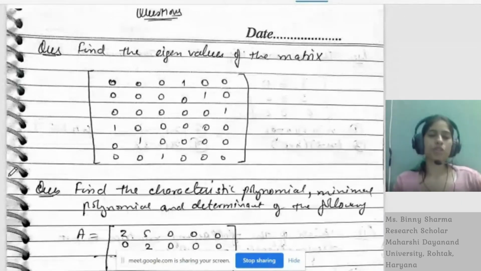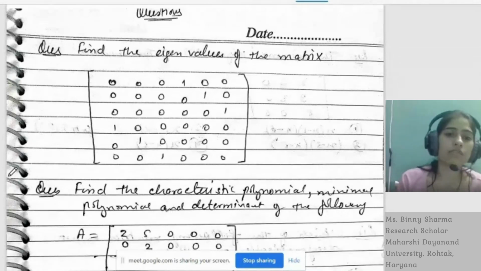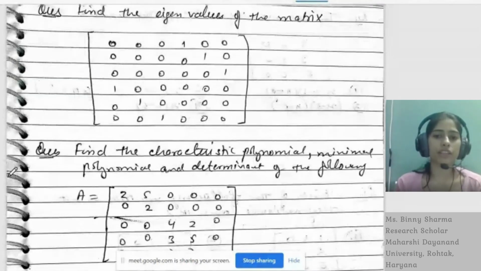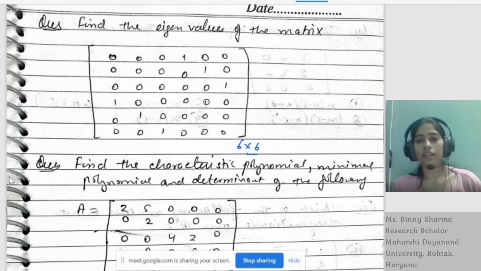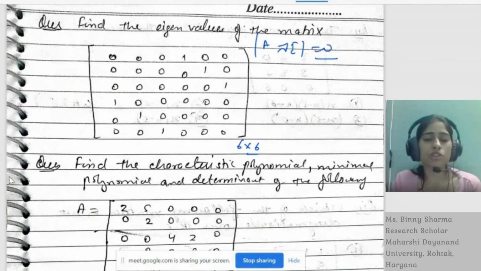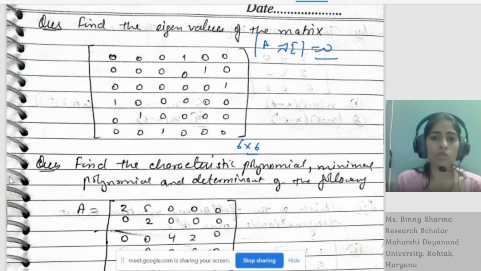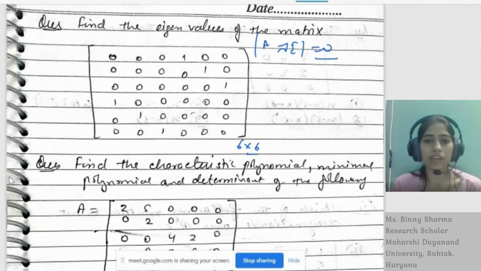There are some questions. Find the eigenvalues of the matrix. Now you can see this is a matrix of order 6 by 6, so it is very tedious work to do A minus lambda I to find the characteristic equation. So we just have to observe the matrix.